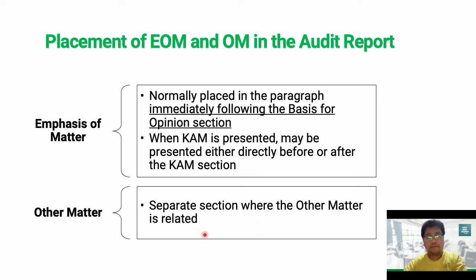For example, if it's related to the auditor's responsibility, then we put it after the auditor's responsibility paragraph. Or if it is related to our other reporting responsibilities, then we put it after our other reporting responsibilities.